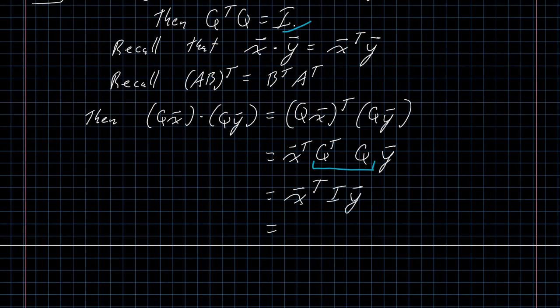Multiply anything times the identity matrix, you get that thing. And then undoing what we did in the first place, X transpose times Y is the same thing as X dot Y.